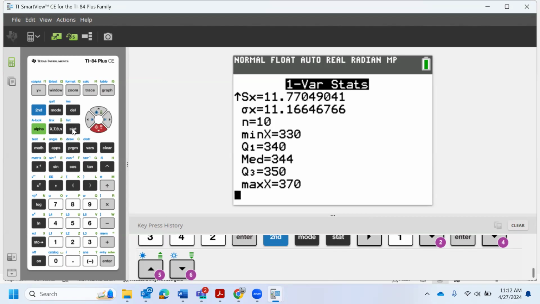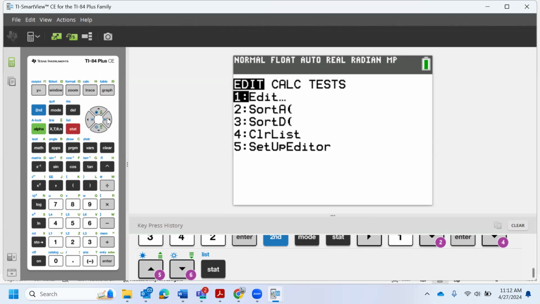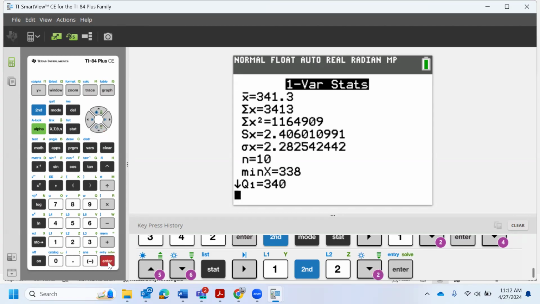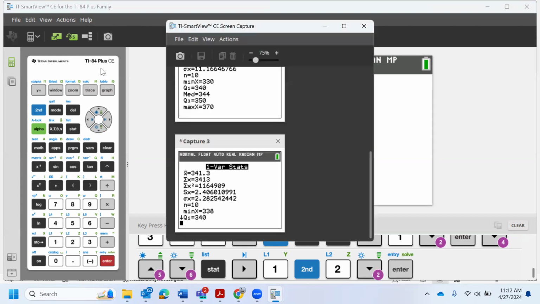For that, we do stat, calculate, go for number 1, but instead of L1, we use L2. Remember, this is univariate, not bivariate. We just put the data together. If you're not comfortable with this, you can delete your L1 and rekey your runner 2 there. And this is for runner 2, the same thing. Just copy that.